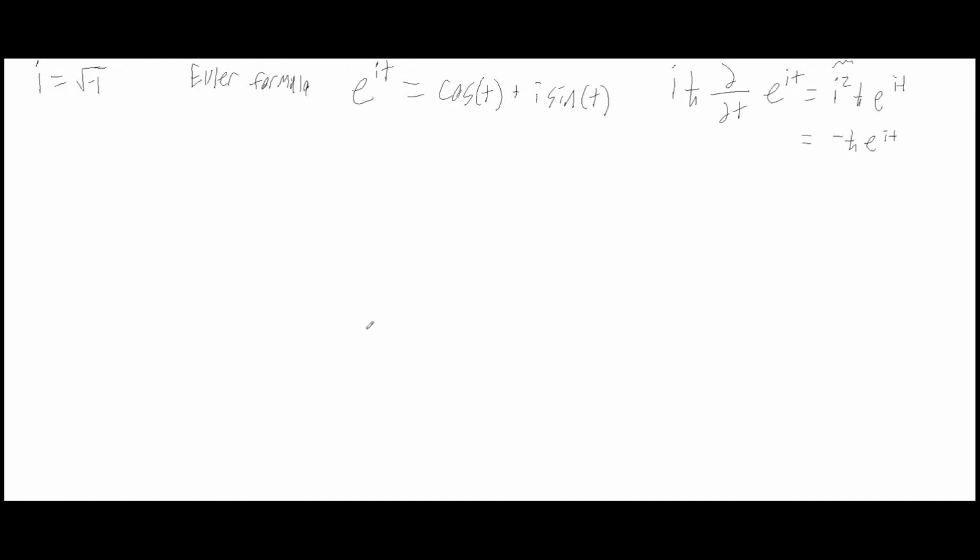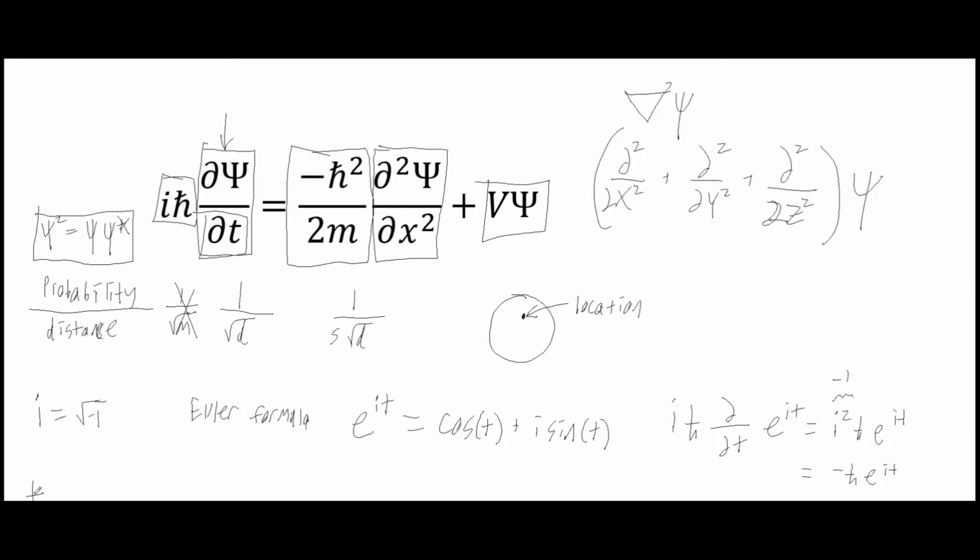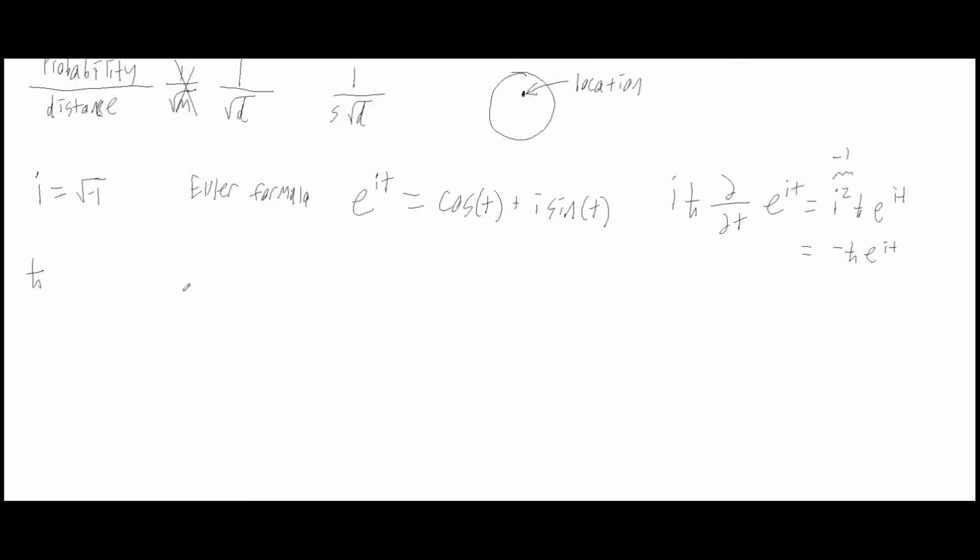But first, if we continue our dissection, we see that we also have h bar. I just talked about i, this change in the probability amplitude with respect to time, and now h bar, which is the modified Planck constant, and that is equal to the Planck constant divided by 2 pi.